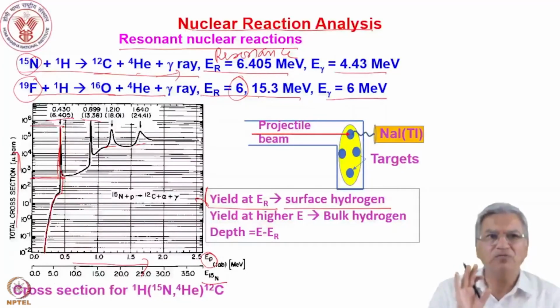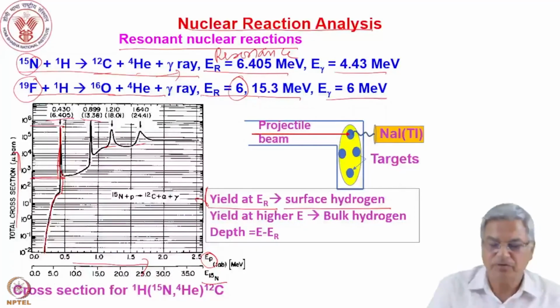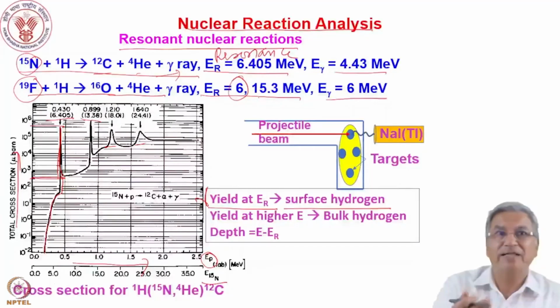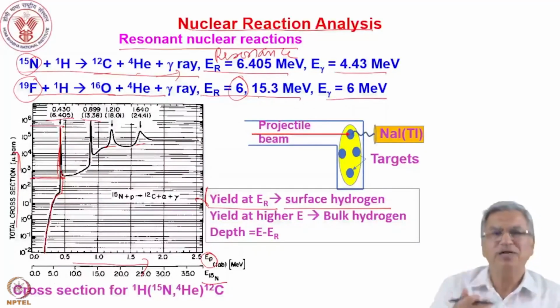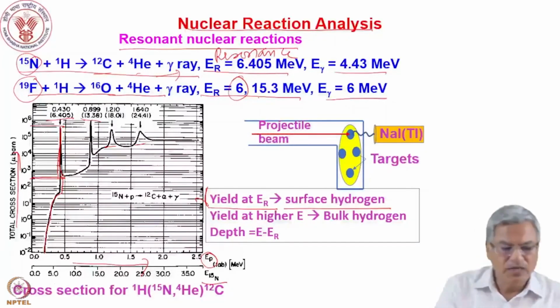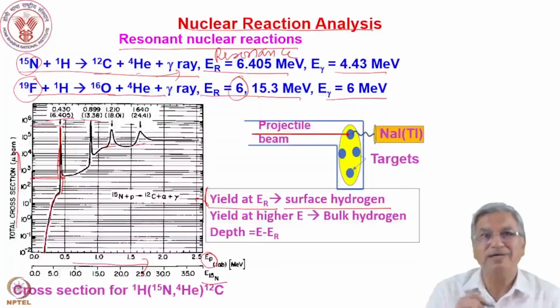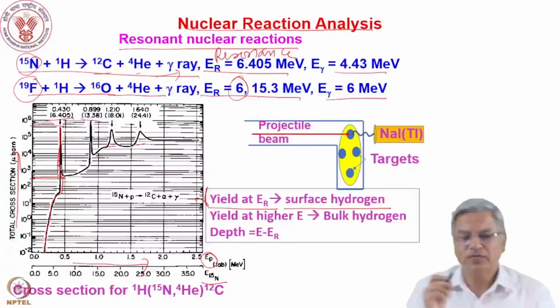When you start with the resonance energy 6.4 MeV for nitrogen 15, the resonance condition is met at the surface, so you are probing the surface hydrogen. Then you increase the energy of nitrogen 15 in steps of 10 keV and so on, gradually increasing the energy of the projectile. The resonance condition is then met deeper in the target. So you understand this point.